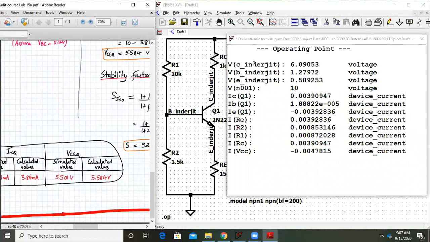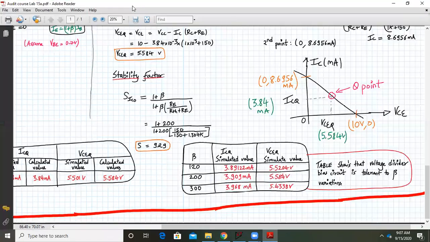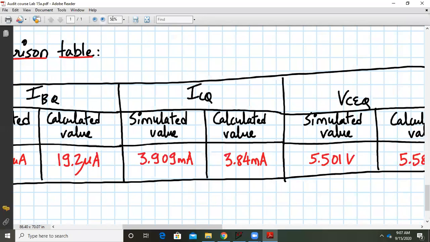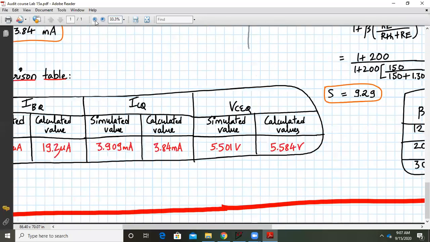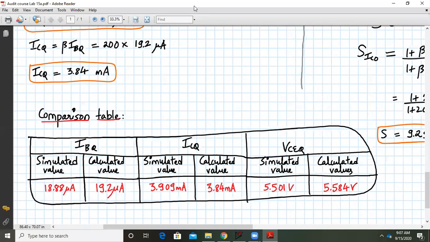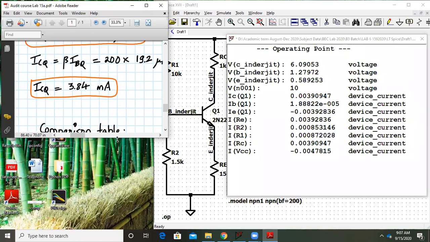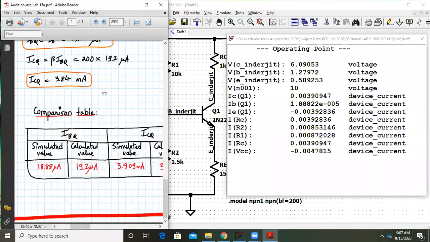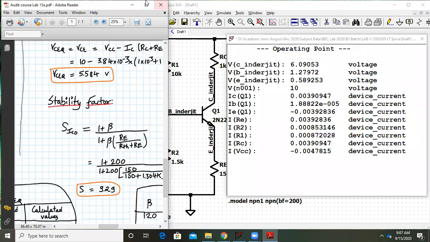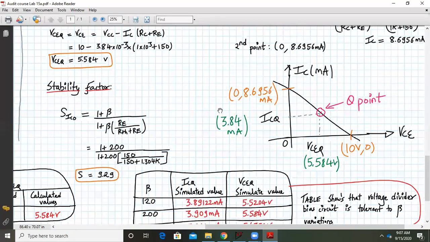We are getting very close answers. So now all the values are coming very much nearby. Yeah. So this is the way to find the Q point value and all the parameters in LTspice. So we have verified this. Now let's check something else. Let me go back to the PDF.